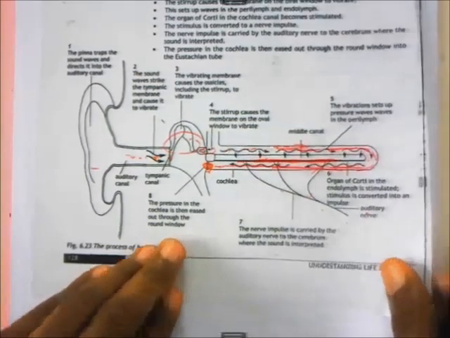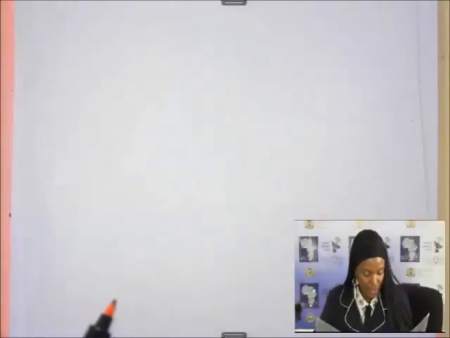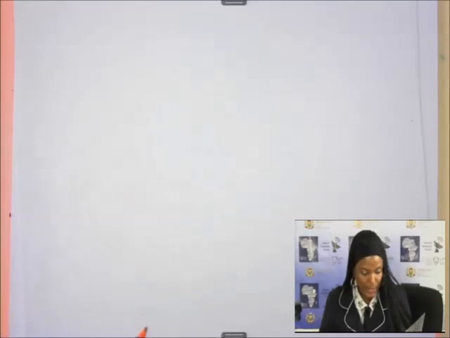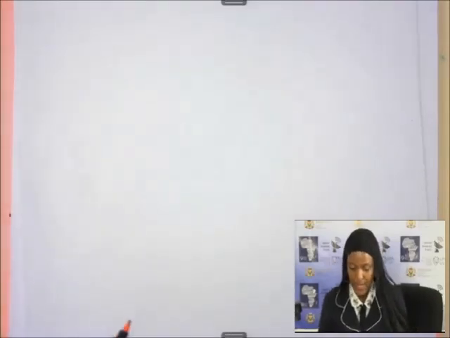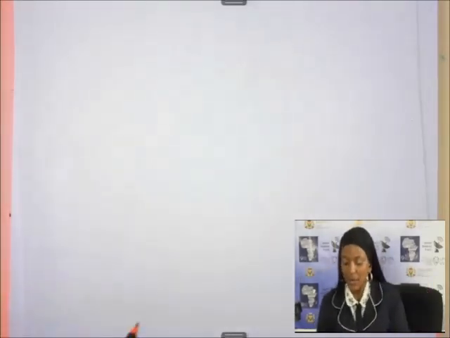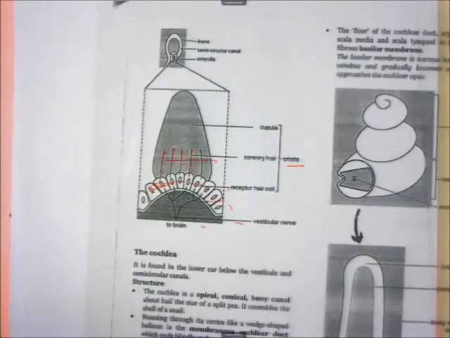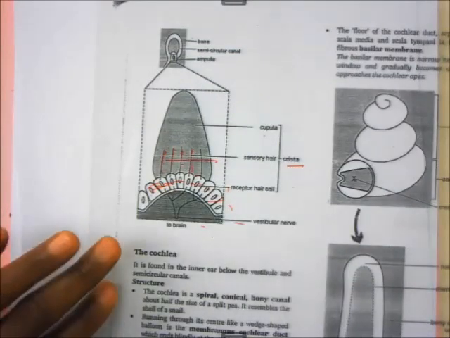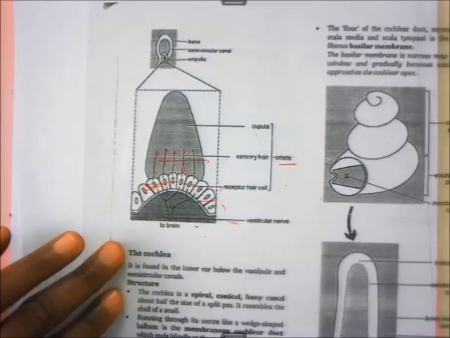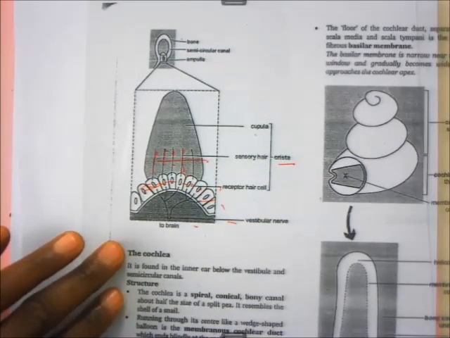And then hearing will take place. So now we said that an ear doesn't only play a role in hearing. We said it also plays a role in maintaining balance. When I talked about hearing, I never referred or talked about the semicircular canals, the utricle, and the saccule.